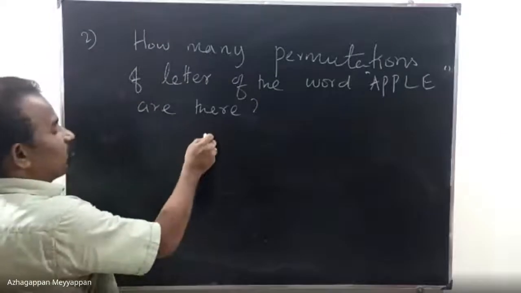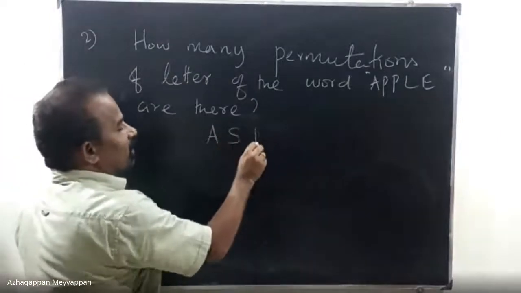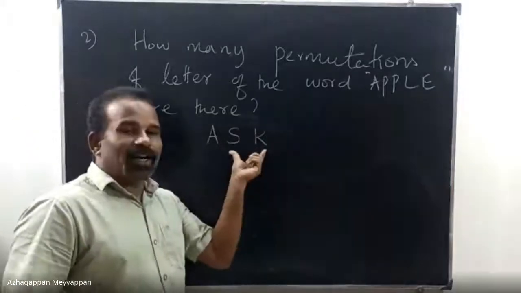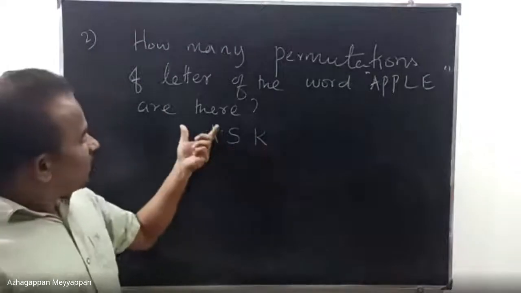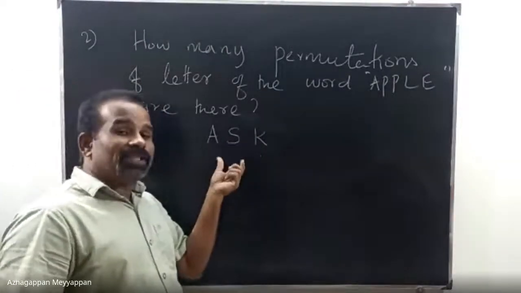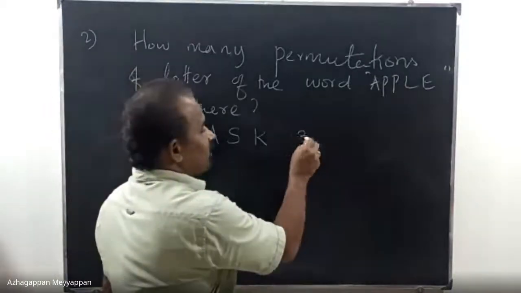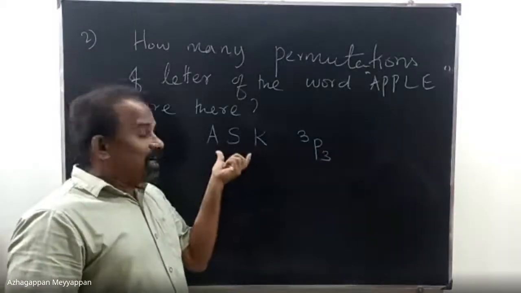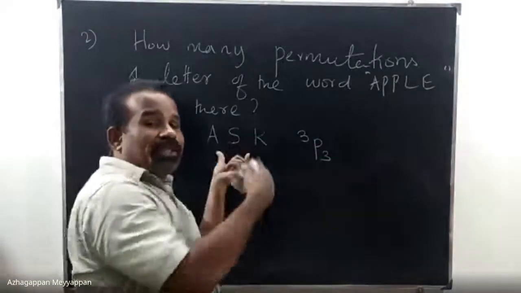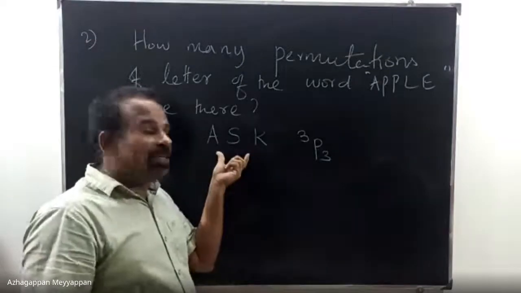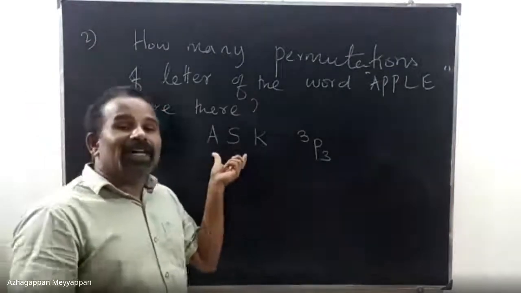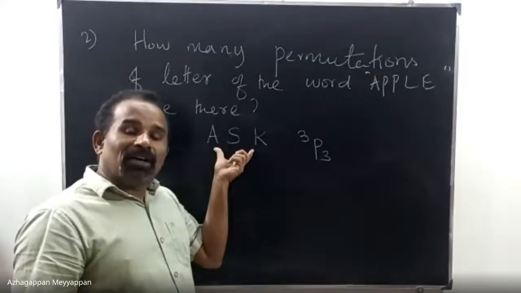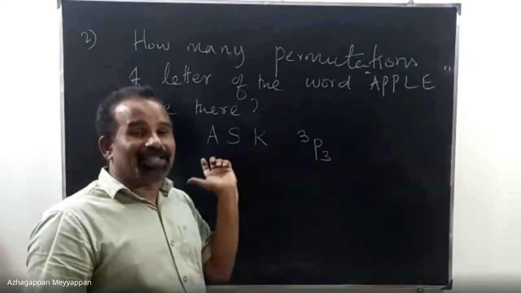Actually, now we will see that ASK is a three-letter word, and the three letters are different. So we can arrange these three letters out of the three letters. We are arranging three letters out of these three letters, which is equivalent to how many three-letter words can be formed out of the word ASK. Both things are the same.